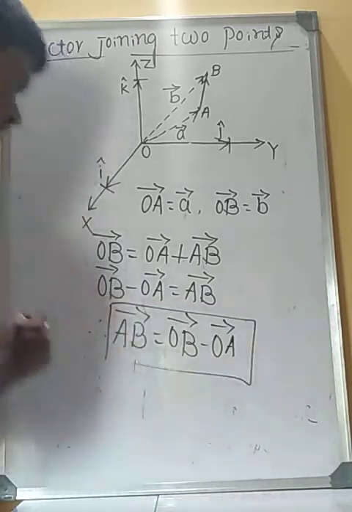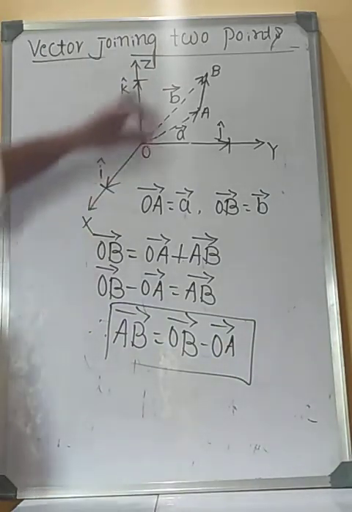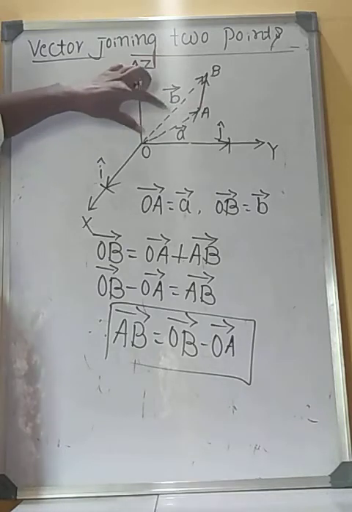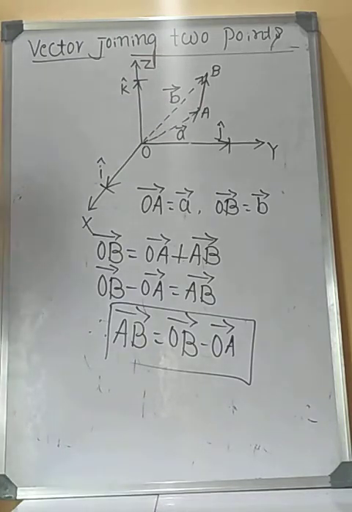This is the vector joining 2 points. Vector AB can be written as OB minus OA.